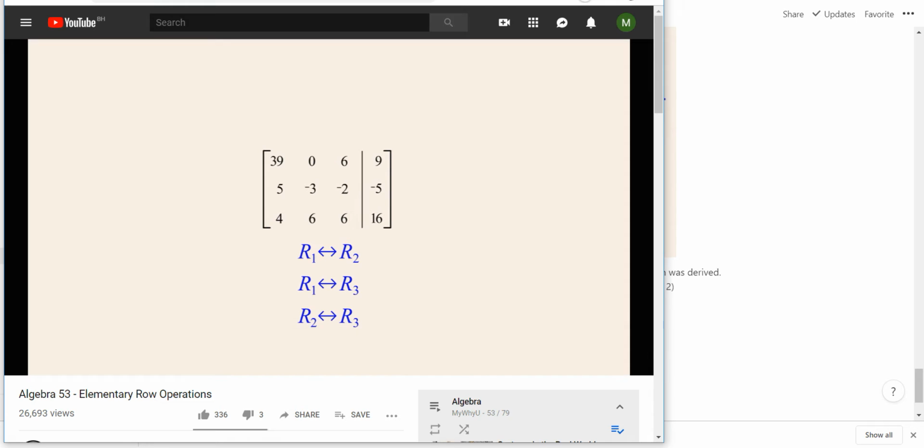Swapping rows changes the form but not the solutions of the system, since the order in which the equations of a system are listed has no effect on the system's solutions.